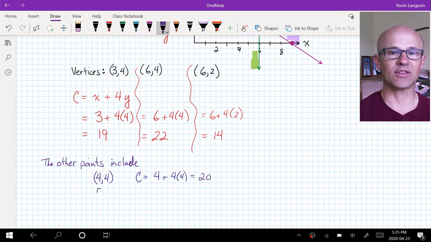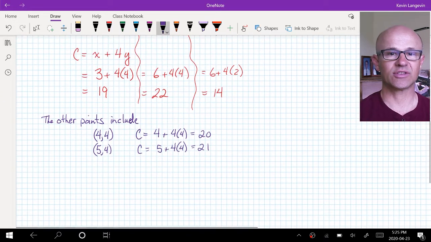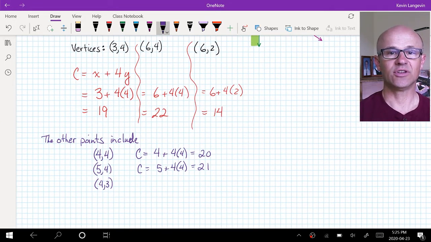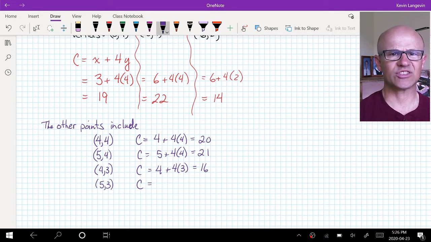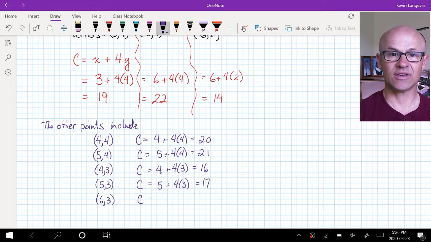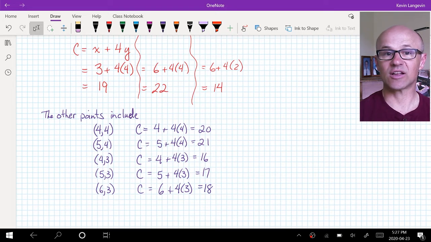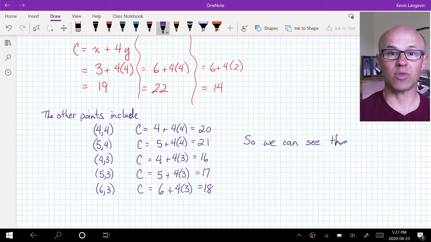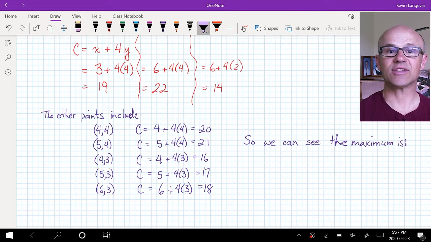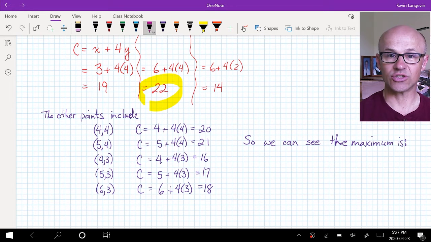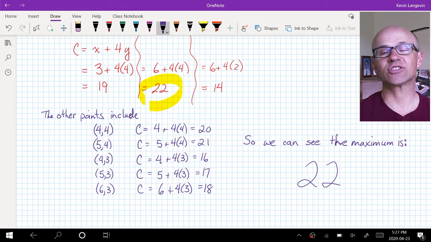I'll rapidly plug them in here to come up with my answers. I've got answers of 20, 21, 16, 17, and 18. So I would still say that clearly the answer, the maximum possible value, is 22, which was found at 6, 4.